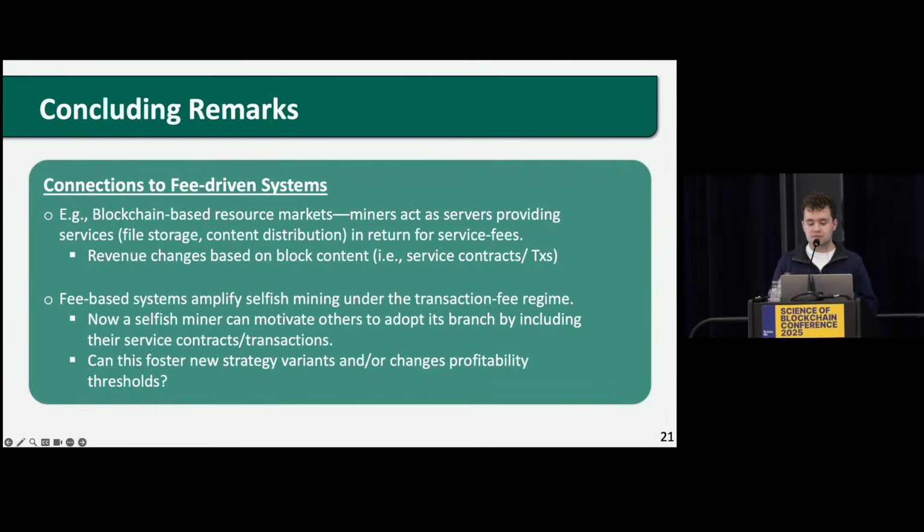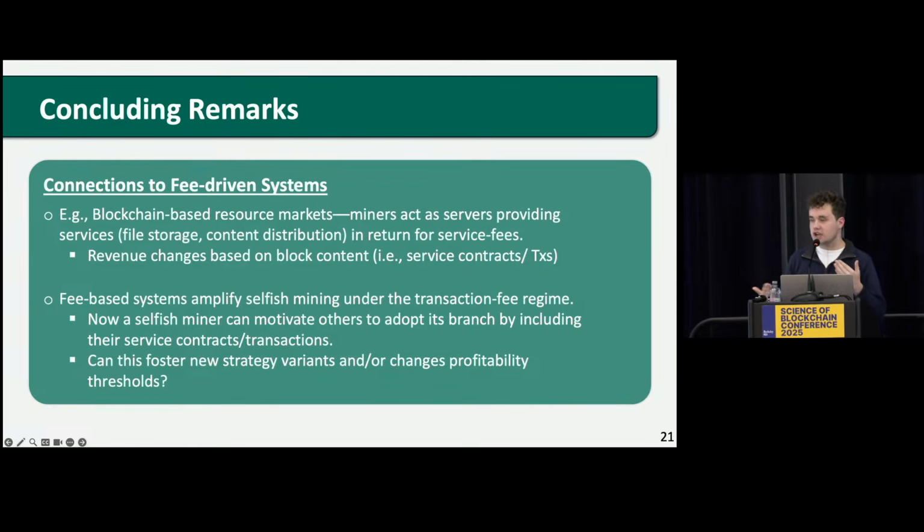To wrap up, I just want to briefly highlight some future directions motivated by our findings as we discussed in our paper. Circling back to our original motivation in blockchain systems that offer distributed digital services, selfish miners typically play the role of servers, and so service fees make up a large part of their earnings.